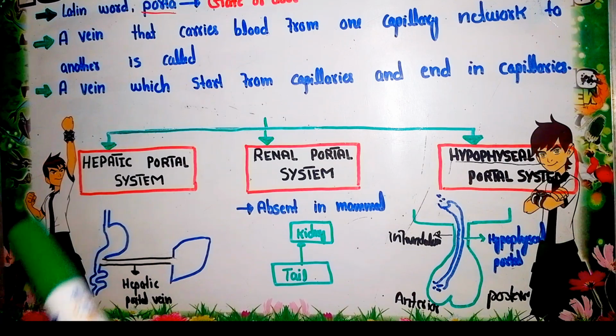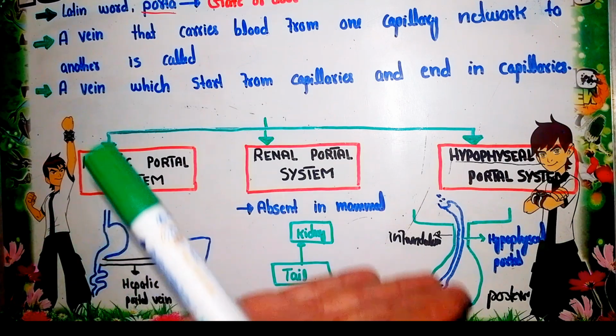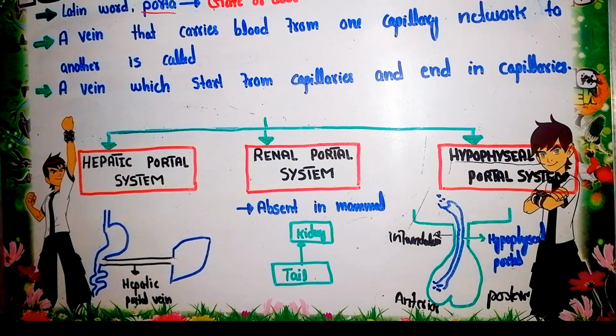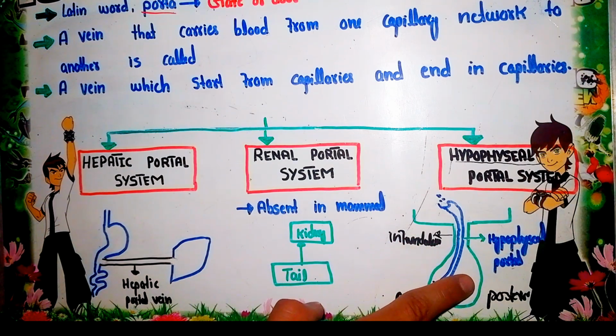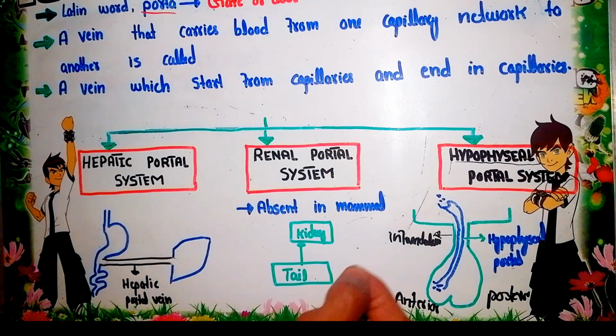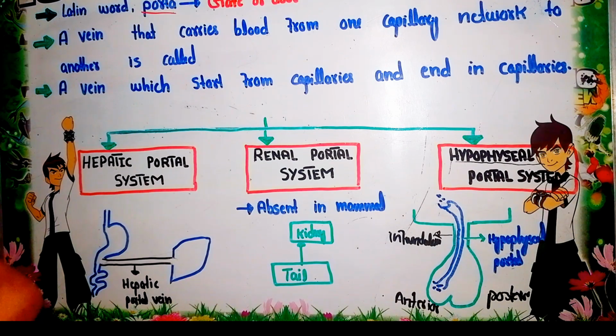Now the pituitary gland overall is connected with the hypothalamus with a stalk called the infundibulum. Here the anterior pituitary is attached with the hypothalamus through a vein called the hypophyseal portal vein.